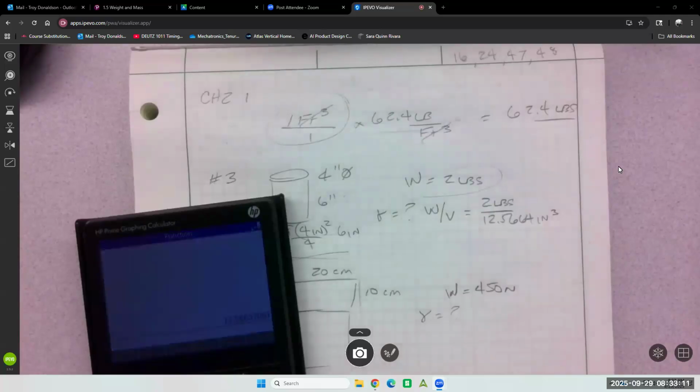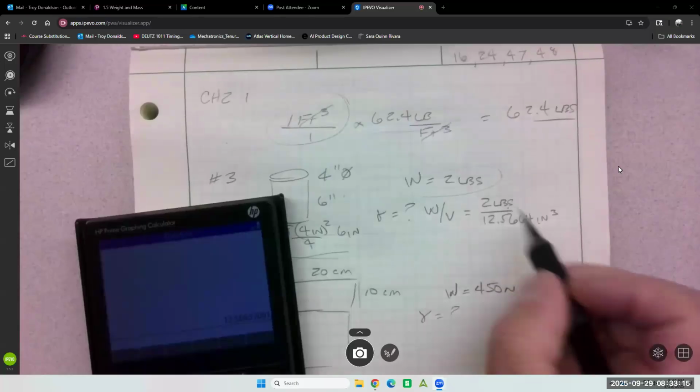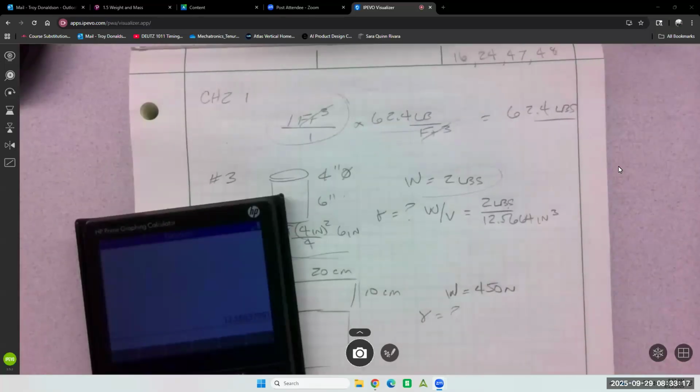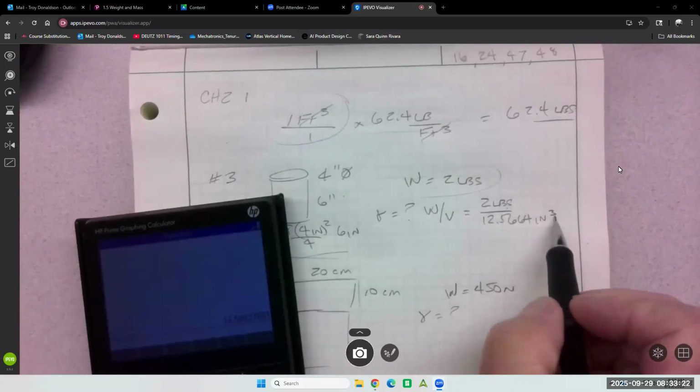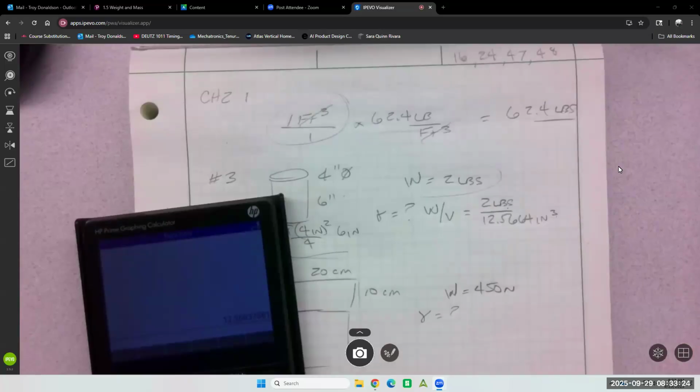So just keep track of whatever your unit is for volume and whatever your unit is for weight, and that sets up your specific weight. This gives it to us in pounds per inch cubed, right? Often we want pounds per foot cubed, so either one of those works.